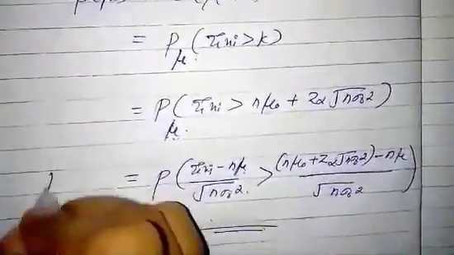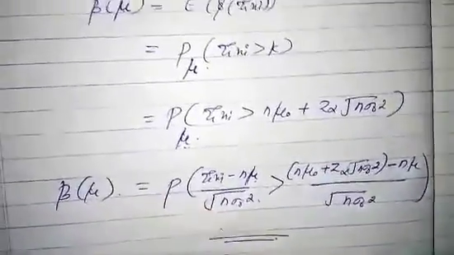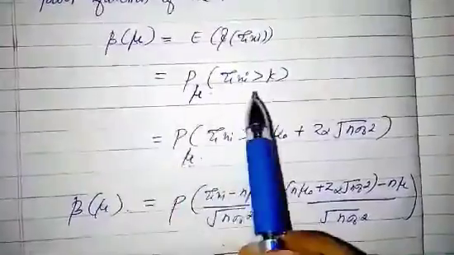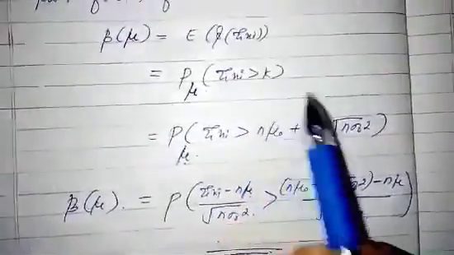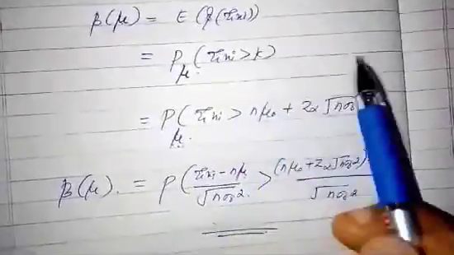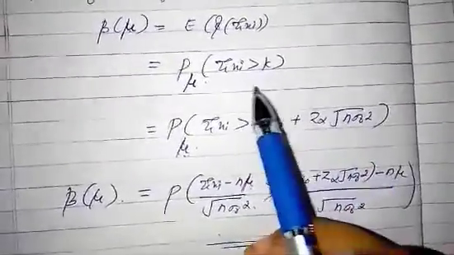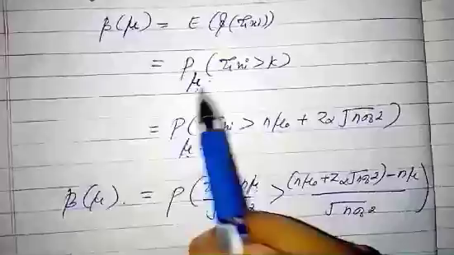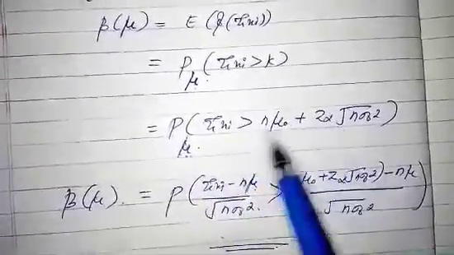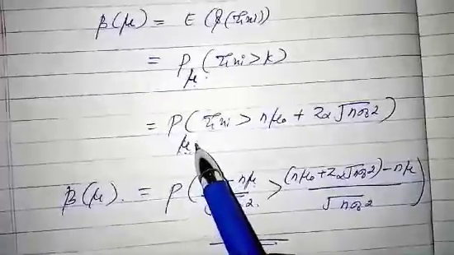Understood? This is the parameter. This is the power function of this test. The power function of the test means the probability of rejecting H naught for various values of the parameter under the parametric space, right? That means the probability of summation xi greater than this k value under the parametric space.